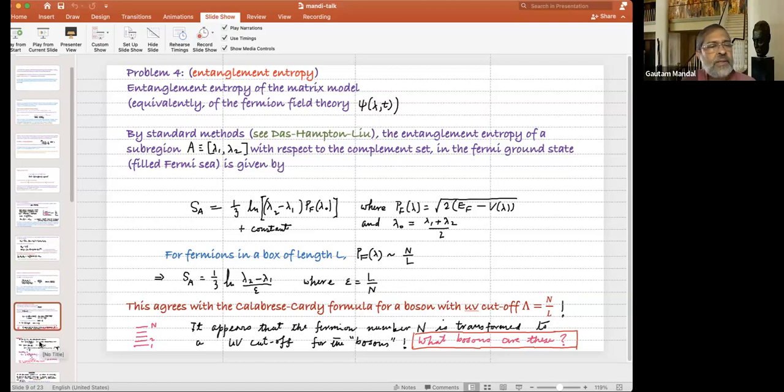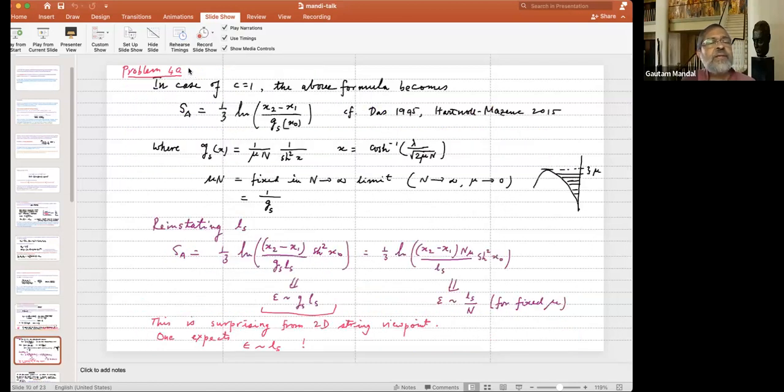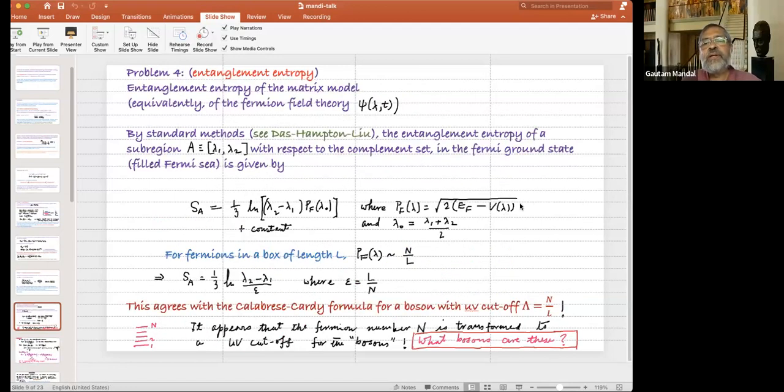Let me go to a special case of this problem, which I call problem 4a. So in case of c equal to 1, you can put the inverse square potential, etc., and do that calculation.